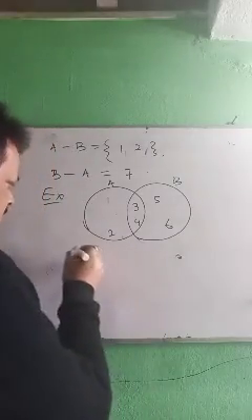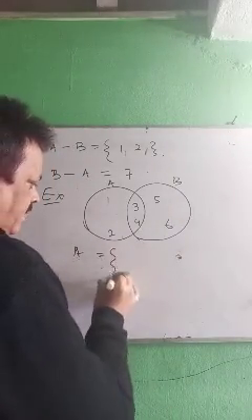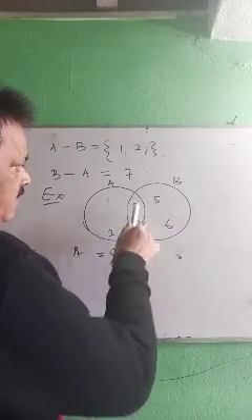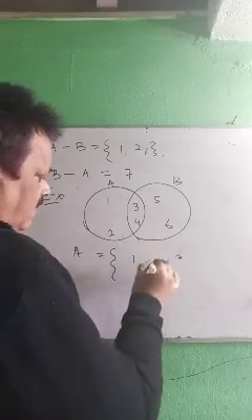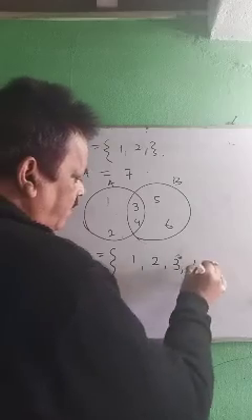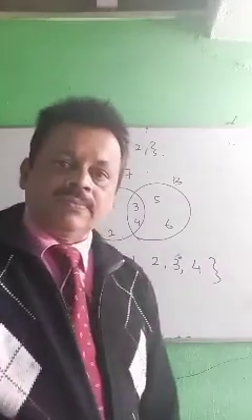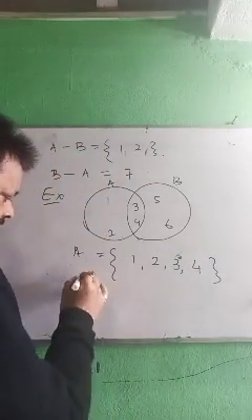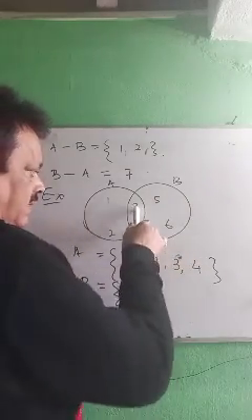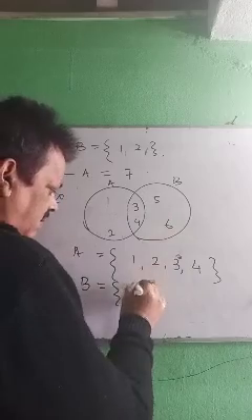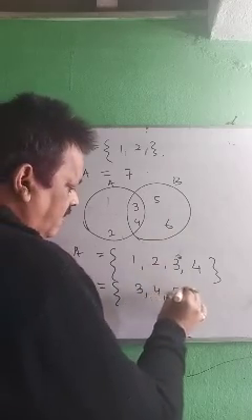Now if I ask you what is A, this is your A: 1, 2, 3, 4. Then what is B? B is this one: 3, 4, 5, 6.